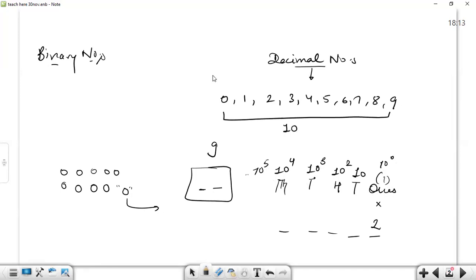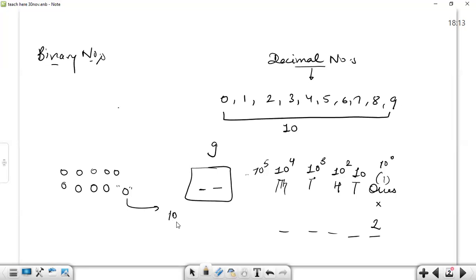Whatever numbers we have discussed till now, and have been studying from nursery, like 1 apple, 2 apples, 3, 4, 5, 6, 7, 8, 9, and then for counting further, we use 2 digits and write it as 10.